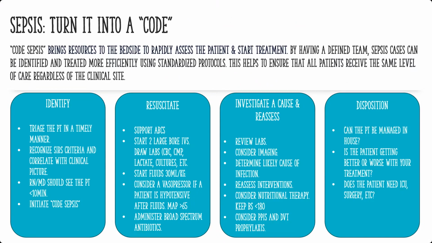So the glucose, we want a little bit of glucose to feed those cells, because our cells need oxygen and sugar, but we want to keep that blood sugar below 180. Other things to consider: if this patient is going to be NPO and, really, the stress of this whole process, consider a PPI like Protonix for stress ulcer prophylaxis.